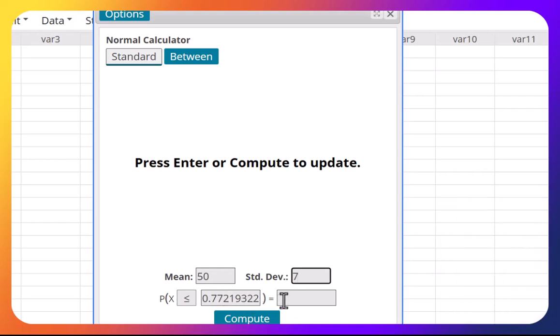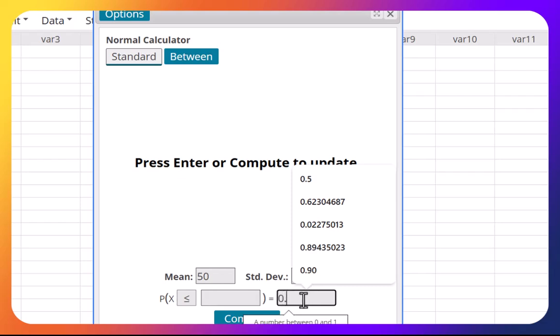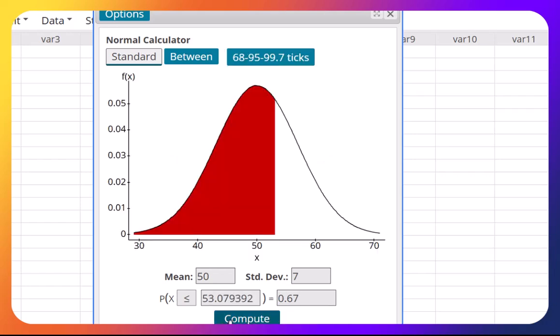He wants what value is in the 67th percentile. Remember, percentile is a probability, and the probability should be in this box on the right. So 0.67 right here. Compute, and here you go. So x is 53.08. That is the answer.